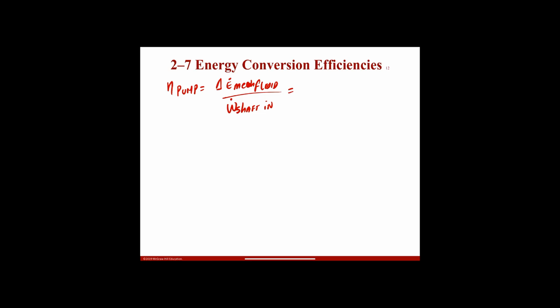In other words, it's pretty much the work that the pump is producing. Remember, always desired output over the required input, which is the work that the pump needs. So this one is the work of the pump that is delivering into your system over the work that is required by the shaft in order to work.